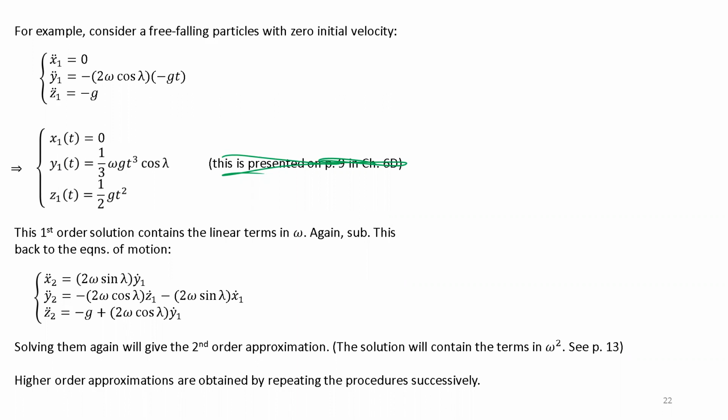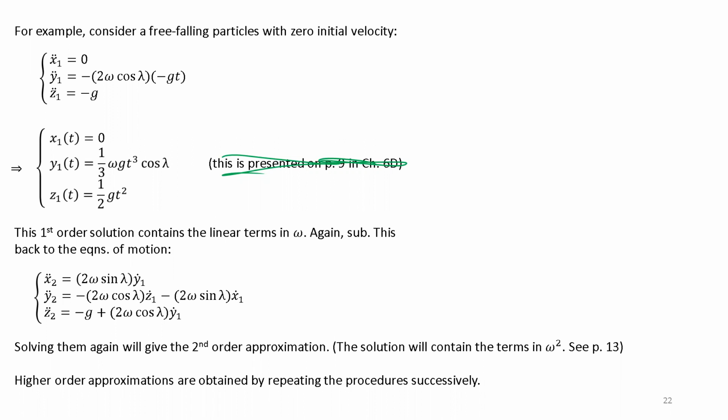After that procedure, with the correction, I call this the first order solution. But as I said, this first order solution is still not the exact solution. So what I do is that I substitute this first order solution back to the set of the equation again, and then solve it again. Then you get the so-called second order solution.